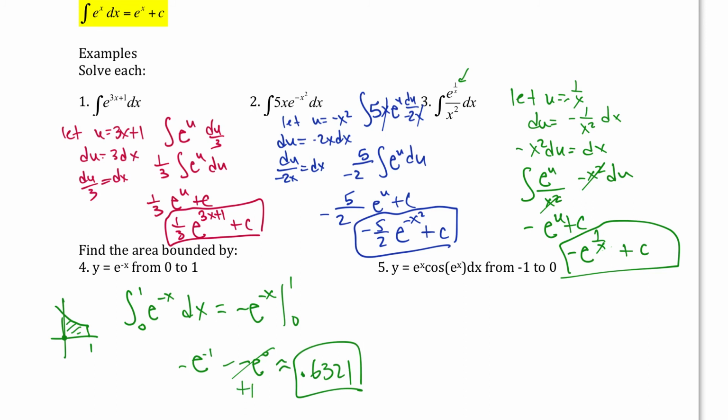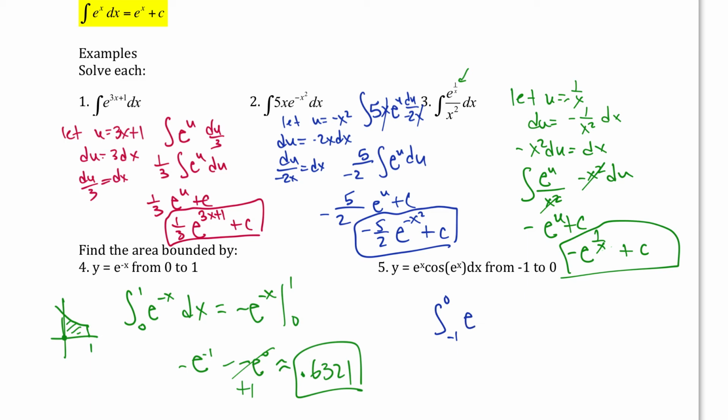Okay, moving on. On this next one, when I put this together, let's see what we got. E to the x cosine e to the x. Well, again, I'm integrating this from negative 1 to 0, and this will kind of bind itself if you graph it.